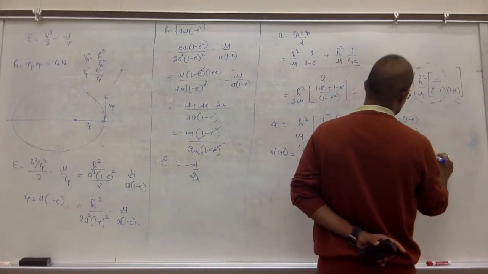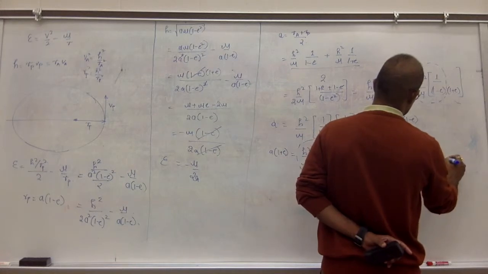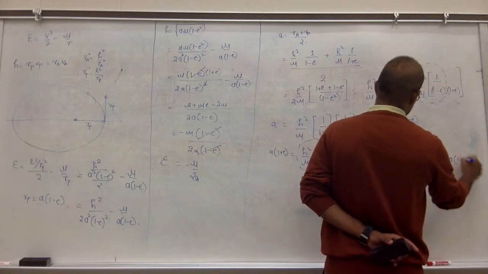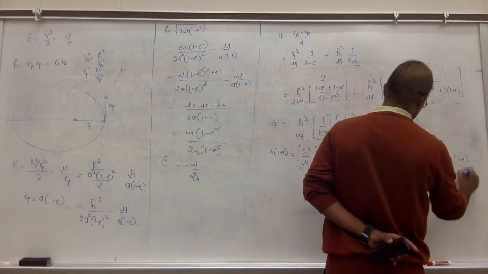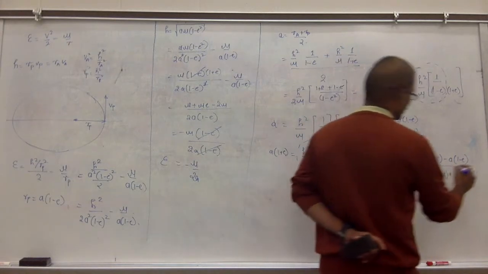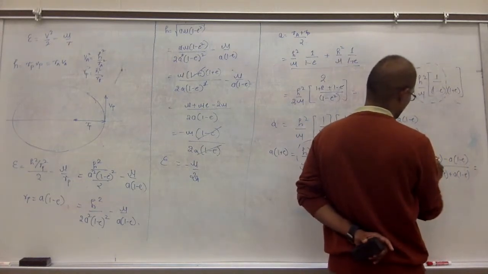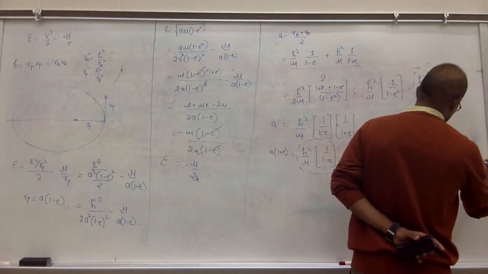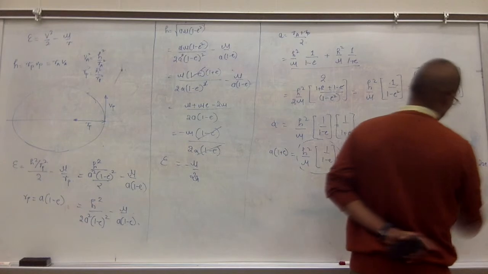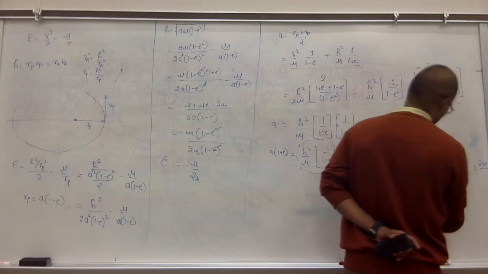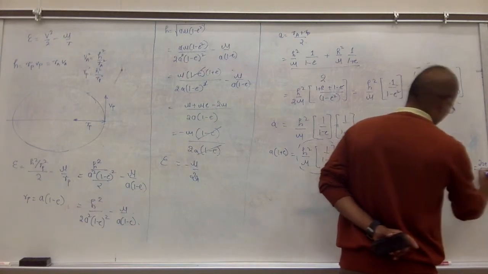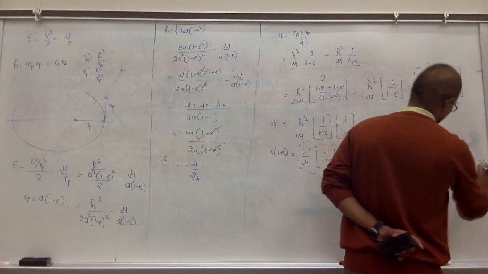A into 1 plus E minus A into 1 minus E, divided by A into 1 plus E plus A into 1 minus E. So here what happens is you get 2AE in the numerator. In the denominator you get 2A. Cancel, just E is left.